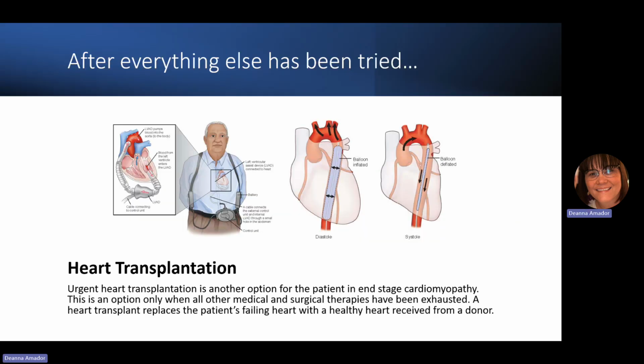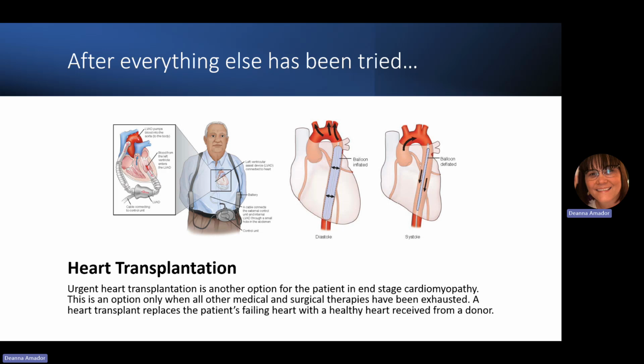I did tell you that these patients sometimes will have an LVAD or something to help with that for end stage. So the picture of the guy on the left there is an animated picture of somebody that has an LVAD, and then he has there on his waist his battery pack.